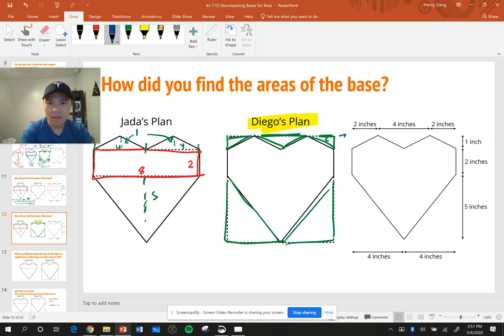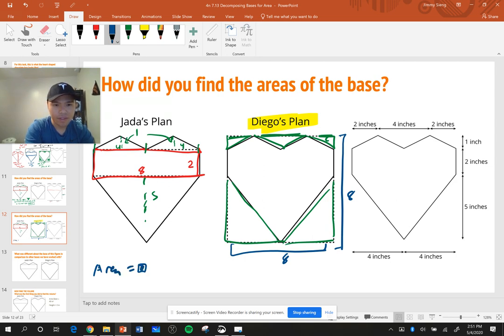So this overall square has a height of, looks like 8 by 8. Okay. So the area is going to equal the area of the square, minus all these little triangles.